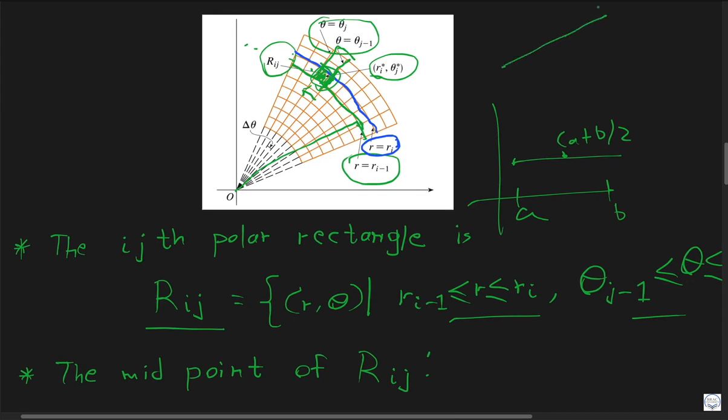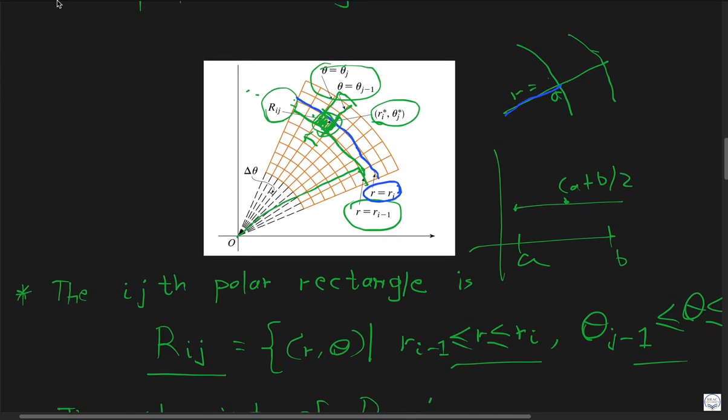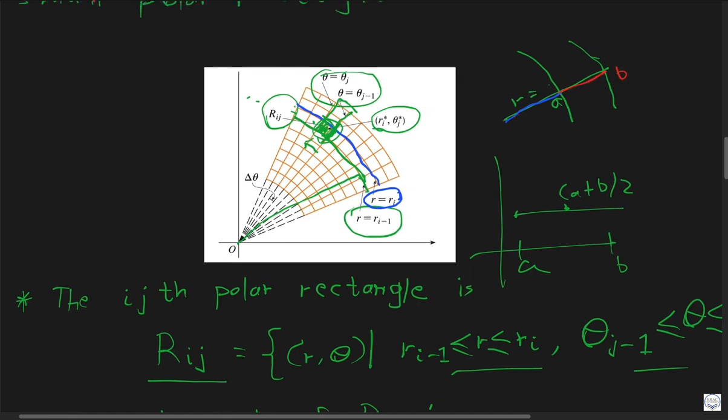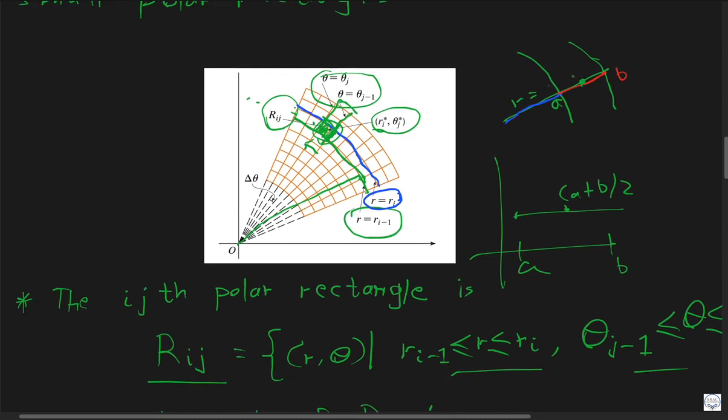Within a radial line, like on a circle, if this is at r equals a, let's call this a blue line, and this a red line, we'll have b. So this particular point has an r value which is in between a and b, and since it's lying on the same straight line, it's just (a plus b) over 2, same radial line, right?